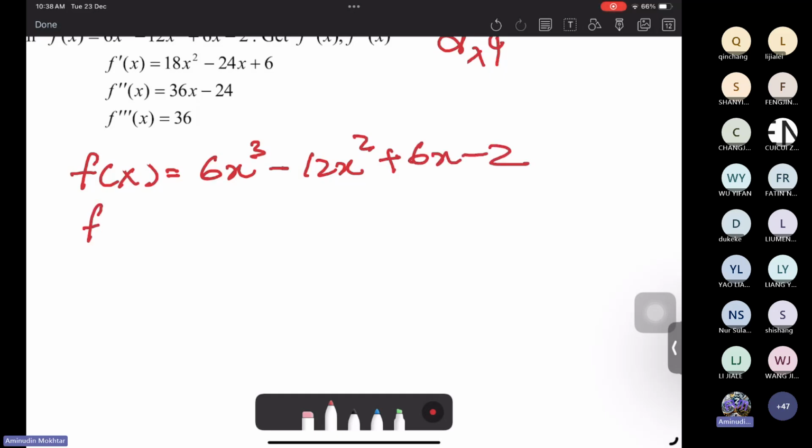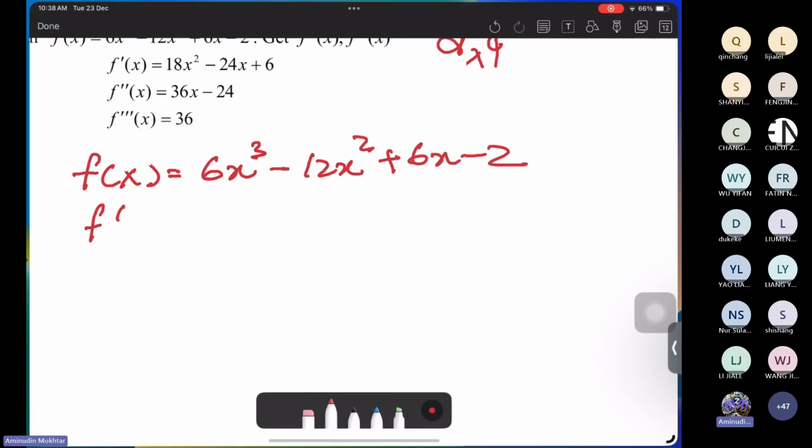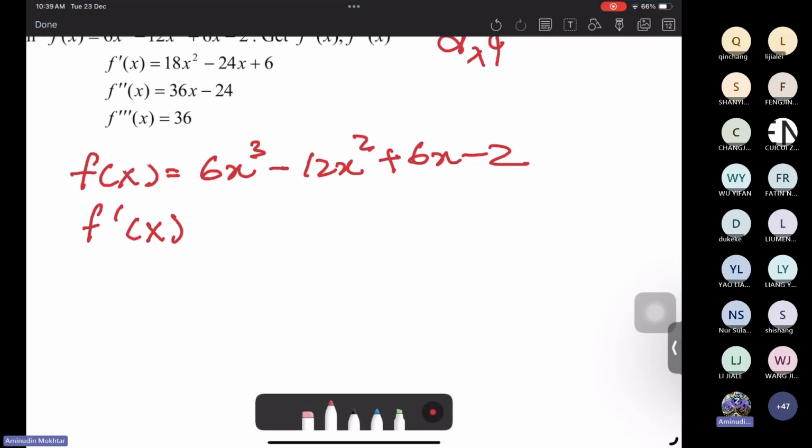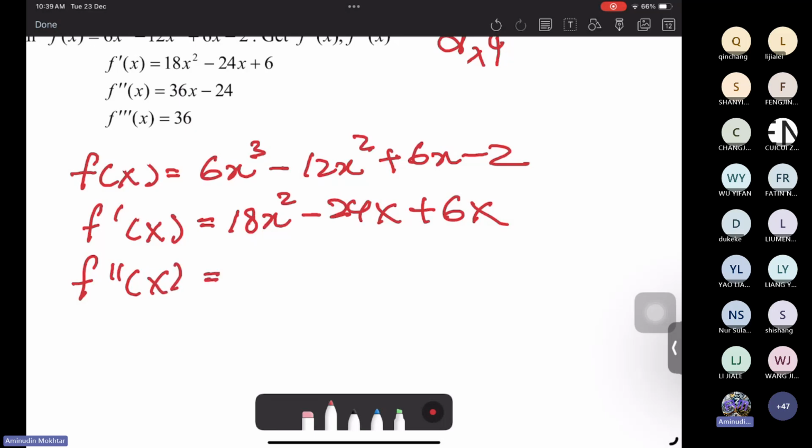The first derivative, f prime of x, equals 6 times 3 is 18x squared, minus 12 times 2 is 24x, plus 6. That's the first derivative.